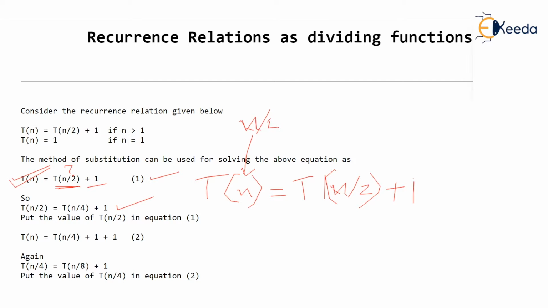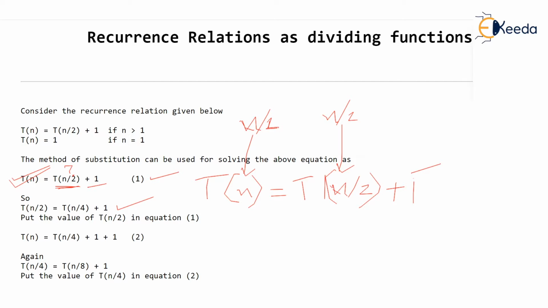So if you put n as n/2, on the right hand side this n also will be replaced with n/2. So it will be (n/2)/2, that will become n/4. So T(n/2) will become equal to T(n/4) + 1.